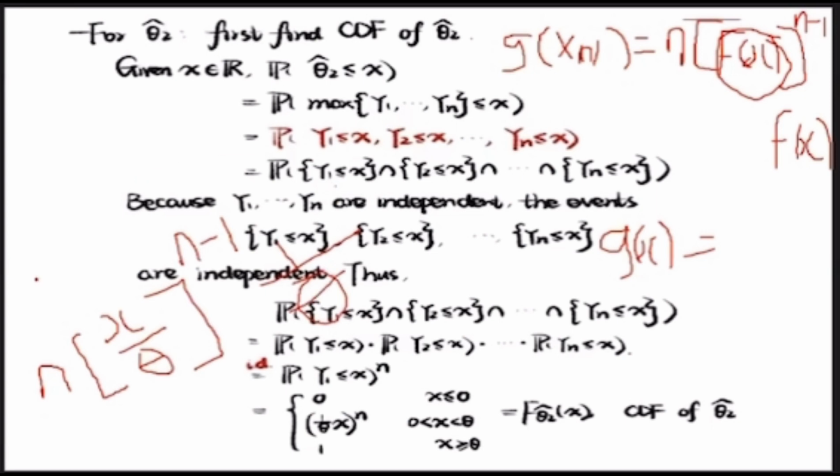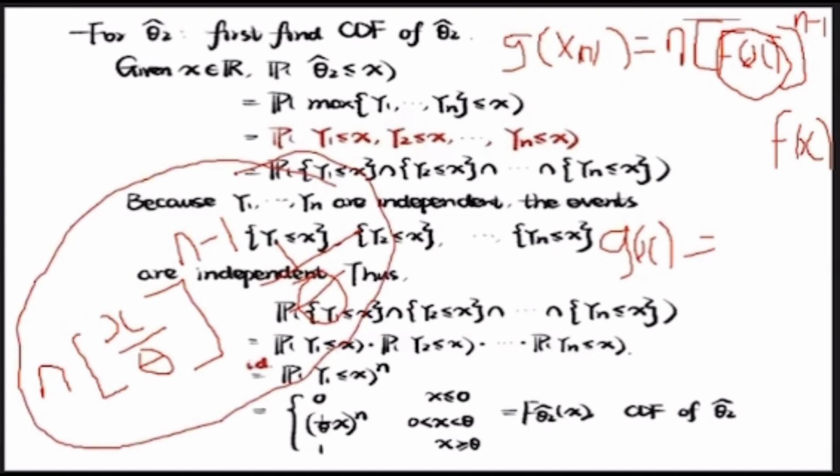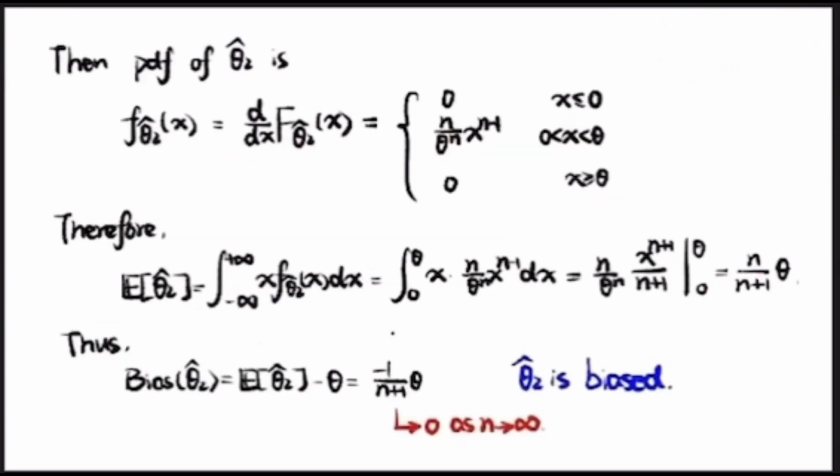Let me tell you this. When you simplify this, N, the CDF raised to power sample size minus 1 multiplied by the PDF, that will be your final result. That now becomes the probability distribution of the maximum.